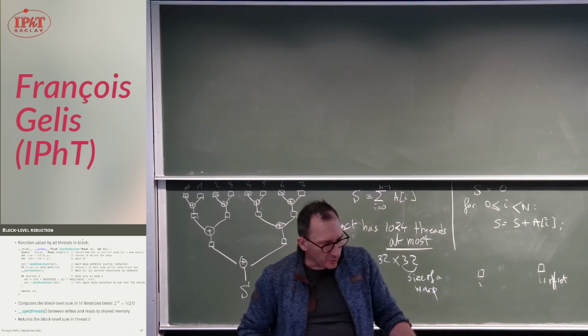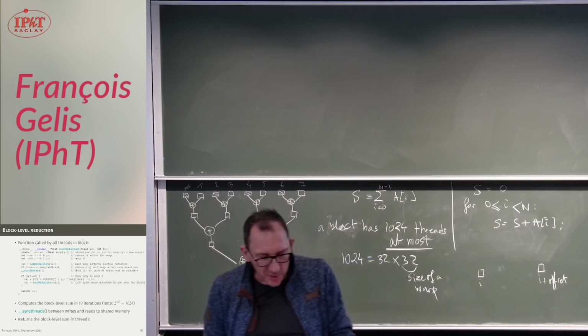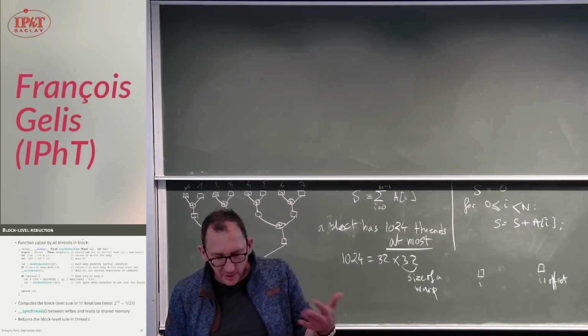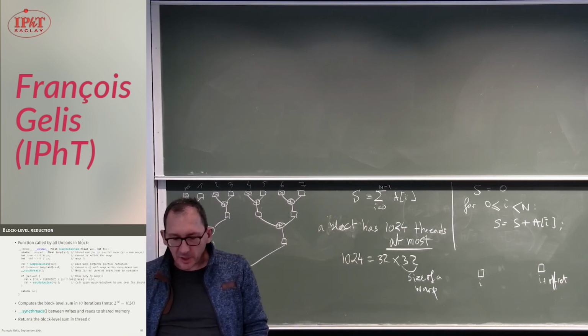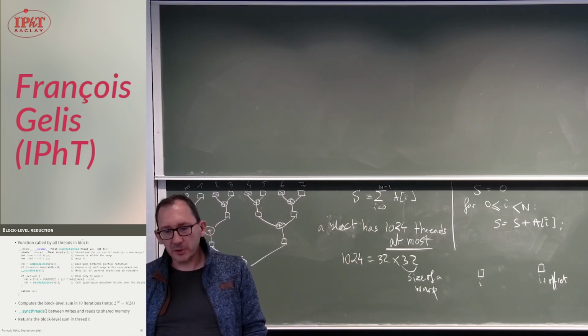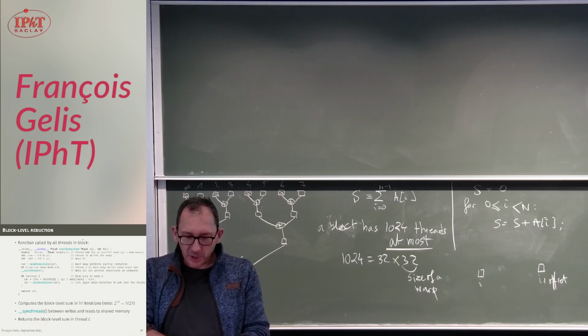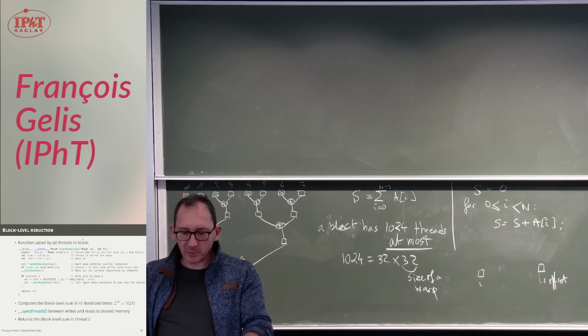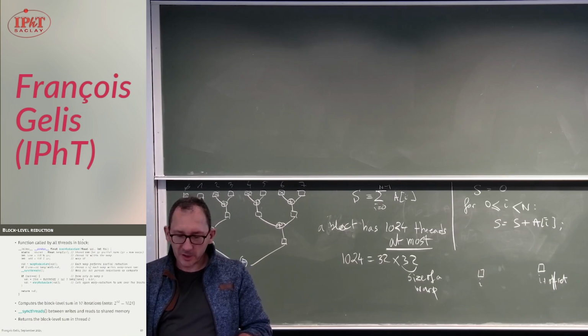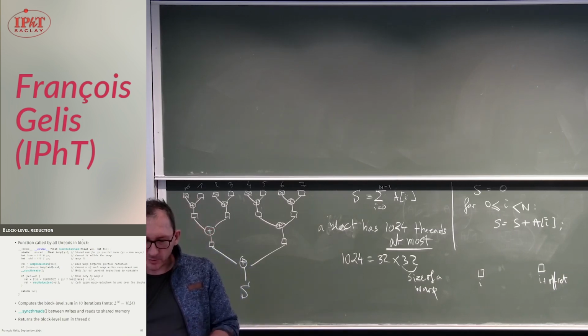If you're used to OpenMP, where the creation of threads has a significant overhead, and also switching between threads, so going from thread 1 being active to thread 2 being active, also has an overhead.